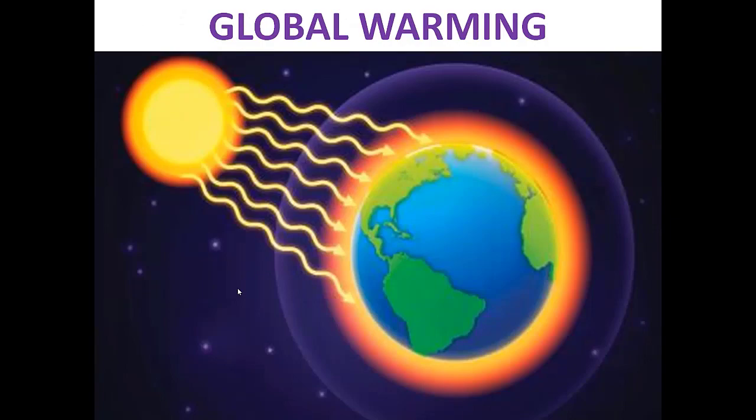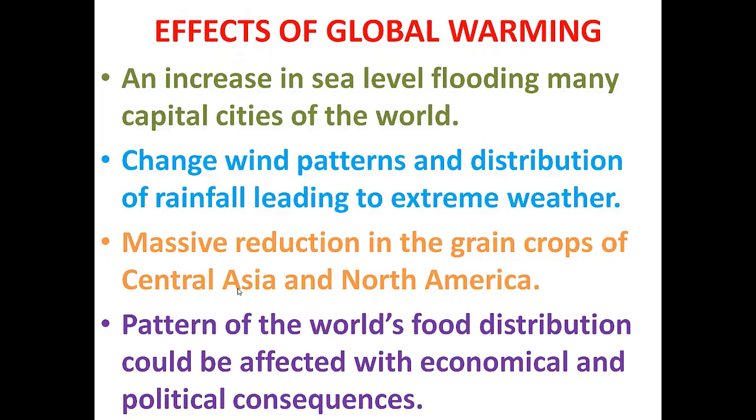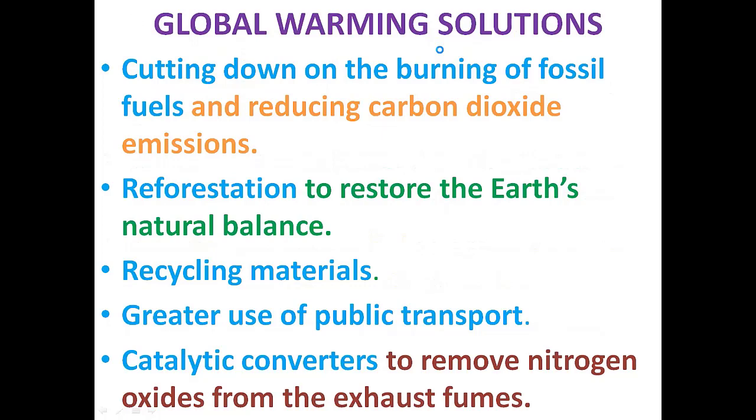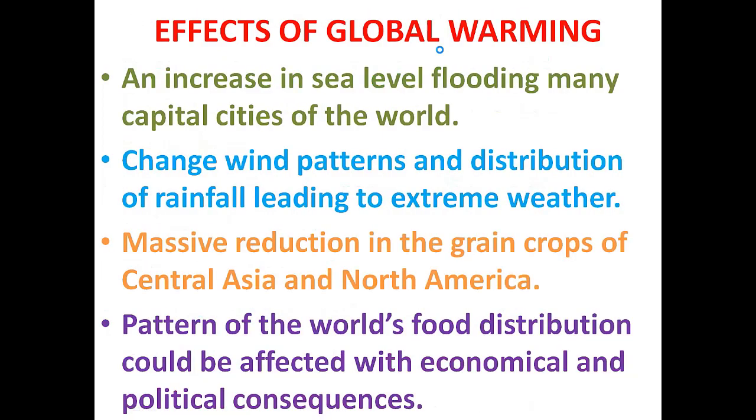This is global warming. Our globe is warming. Effects of global warming. What are the effects of global warming? First of all, as we saw, if global warming continues, the temperature continues to rise, and if the temperature at the polar regions of the Arctic and Antarctic rises beyond 0 degrees centigrade, the ice at the polar regions starts melting, and when the ice starts melting, the sea level increases, causing floods in different parts of the world.